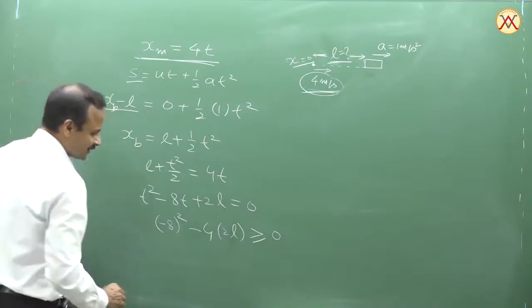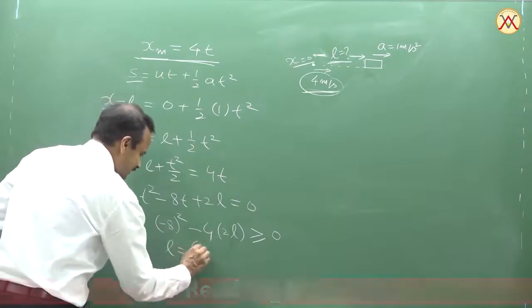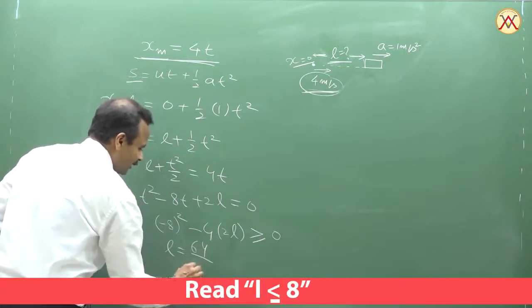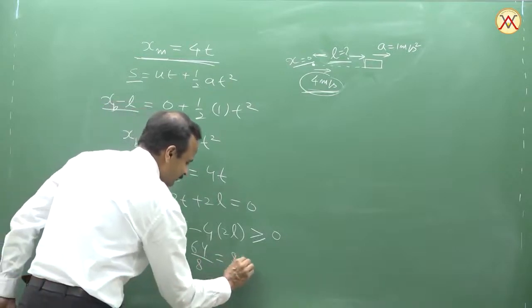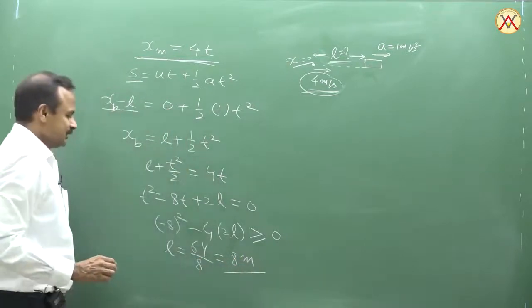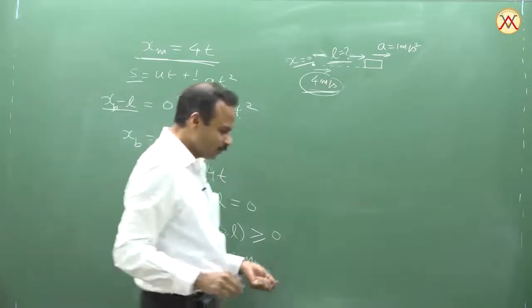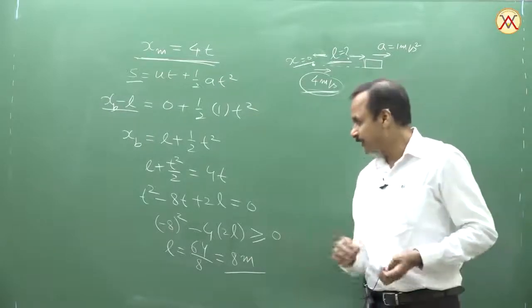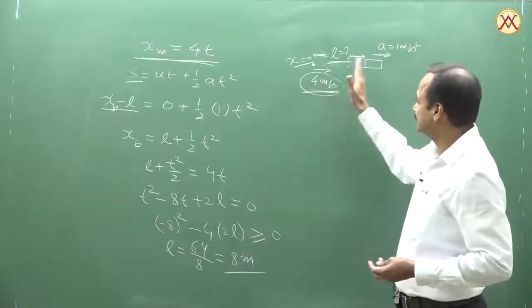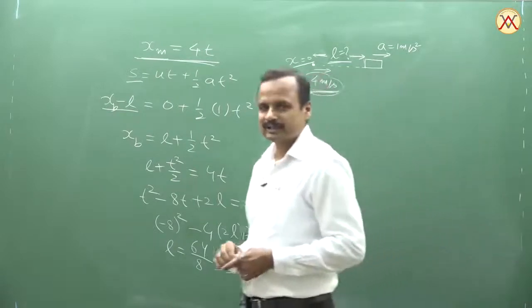So, this gives us L equal to 64 divided by 4 into 2, which is 8 meters. So, this is indeed a value, as expected, between 6 and 16. If 8 meters is the separation, he will just be able to catch the bus.